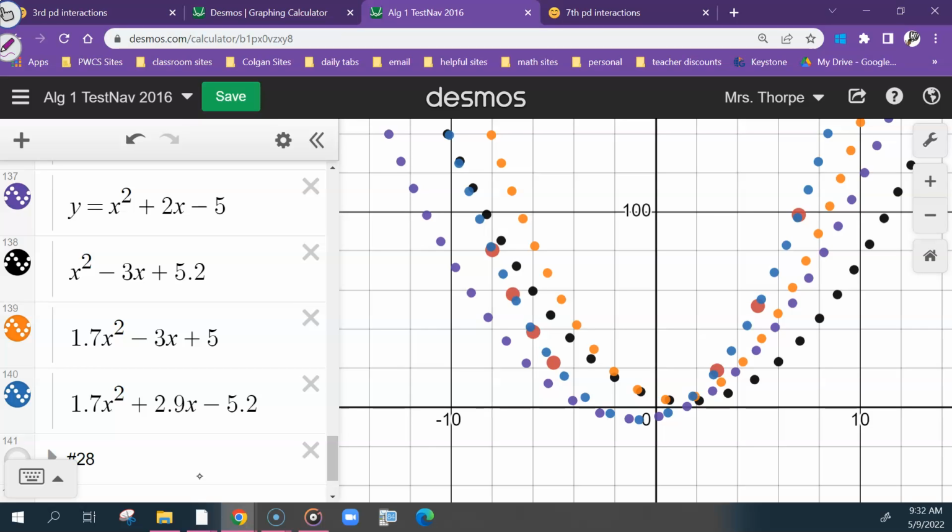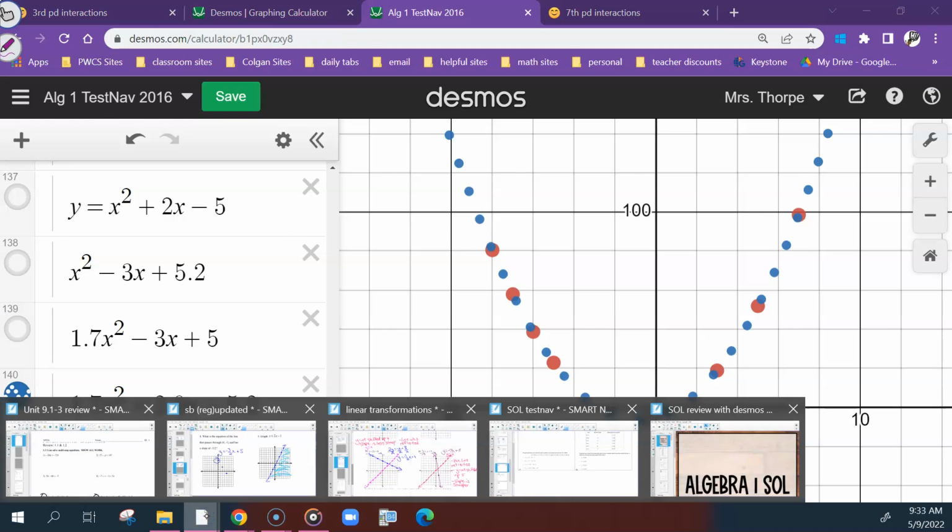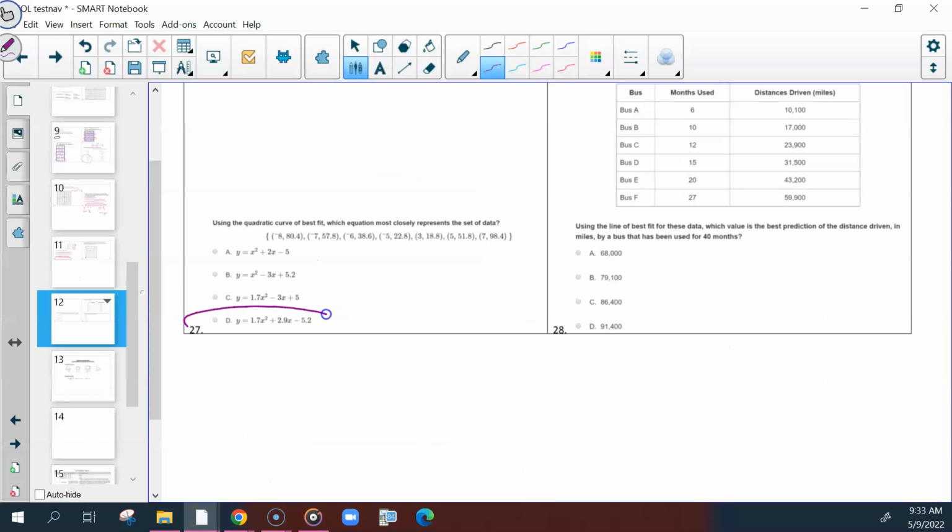And I can look and see which ones overlap my red ones. Looks like blue. And that would also tell me my answer without being able to do the curve of best fit in Desmos. So either way, D would be our answer.